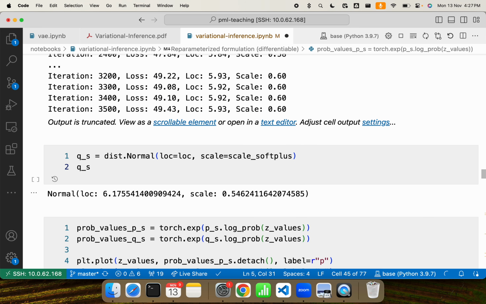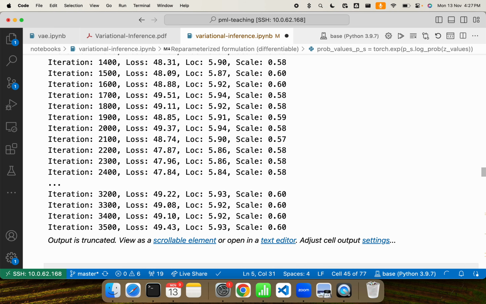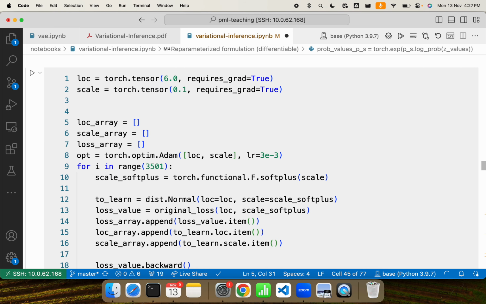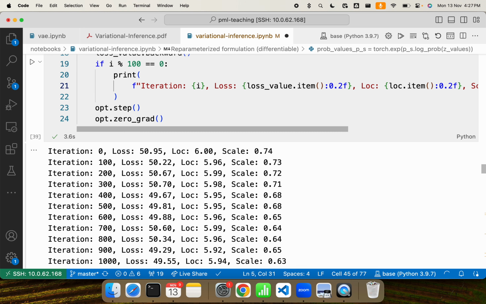Okay, I will leave this specific problem as Schrodinger's cat. I don't know whether internally it is using the reparameterization trick or not. I previously assumed it is, but now I'm not sure.